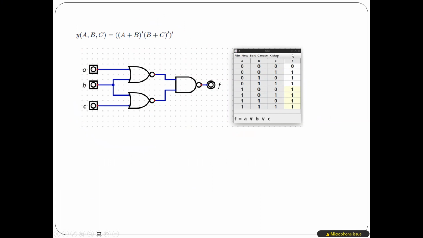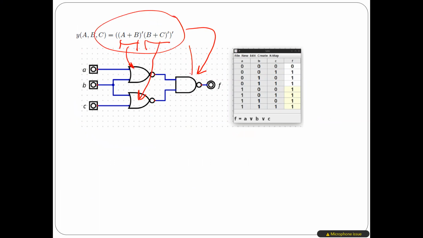If I want to implement this one, as you see here, this is a NOR, and this is another NOR, and then here is a NAND. That's why I can implement it using two NORs and one NAND.